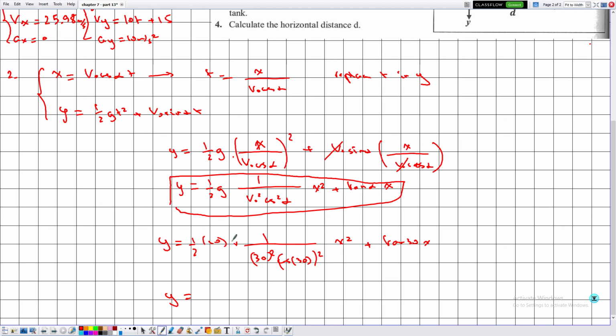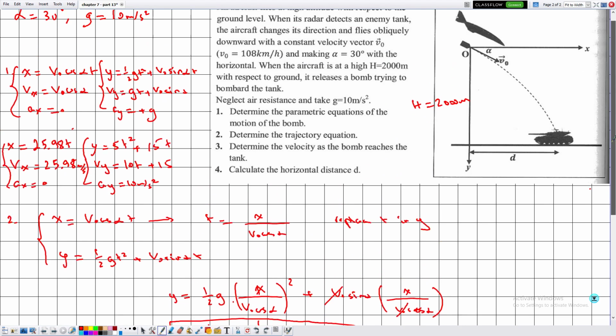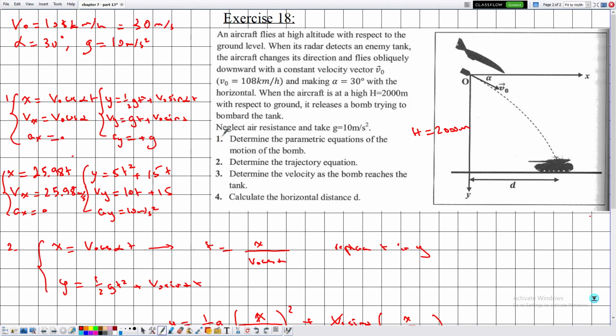So let me put it in terms of the fraction: y is equal to 1 over 135 x square plus tangent 30 x, which is given by 0.58x. So what's the type of the trajectory in this case? Parabola. Okay, linear in one term, quadratic in the other. We are done with numbers 1 and 2.